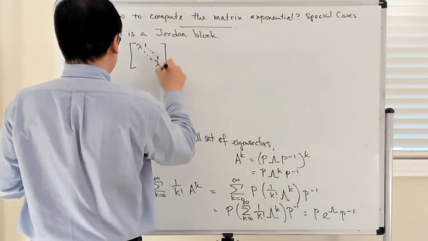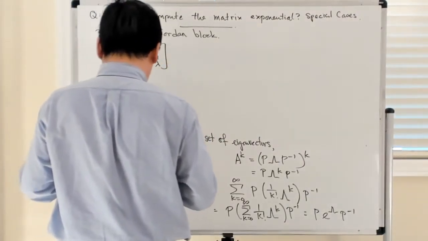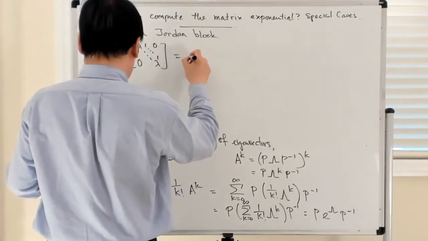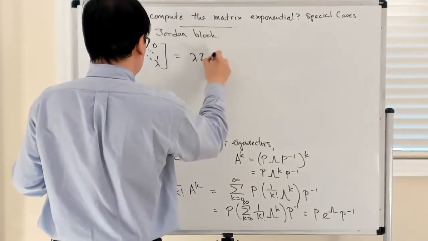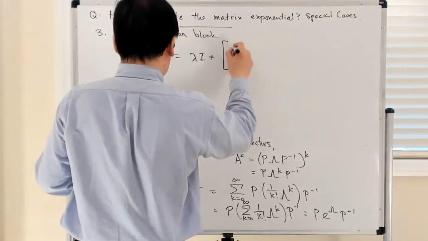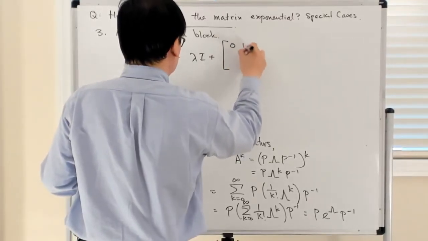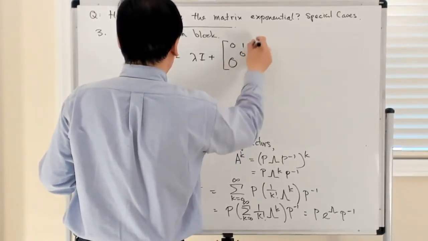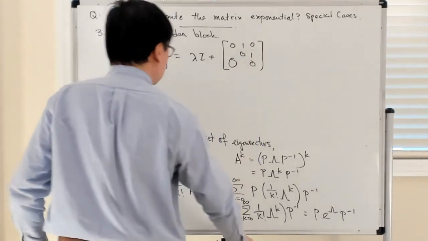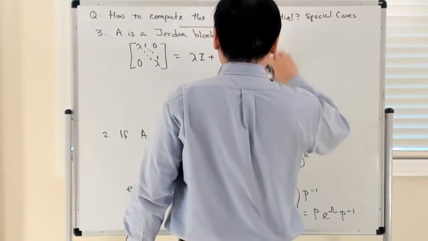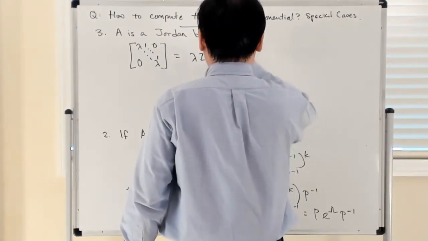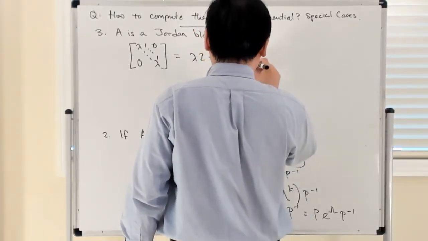Then it's 0, 0. So this looks like lambda I plus this thing, which is 0, 0, 0, 1, 1, 0. Let me just make it more general.